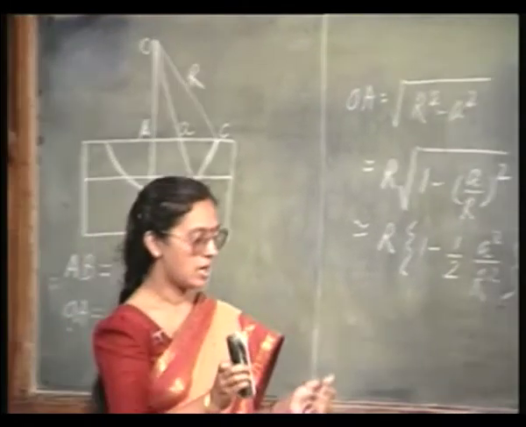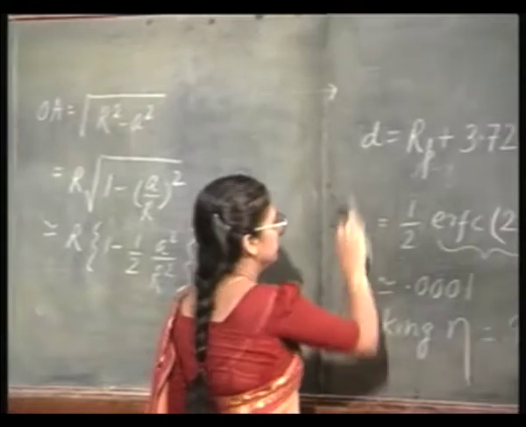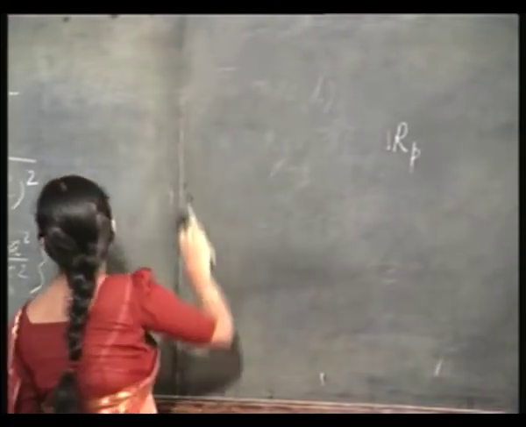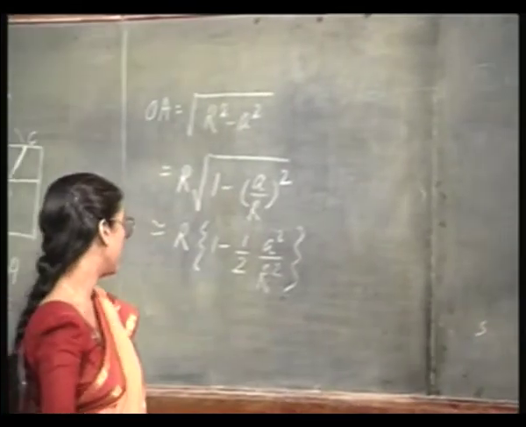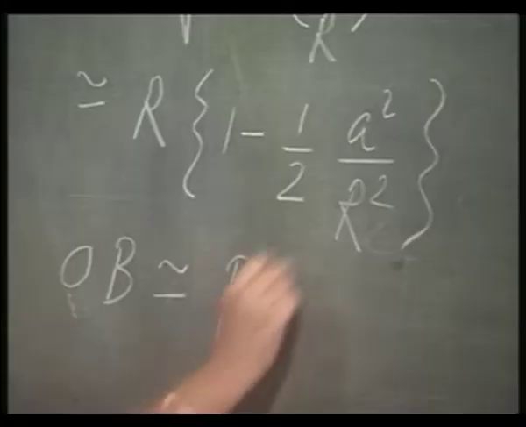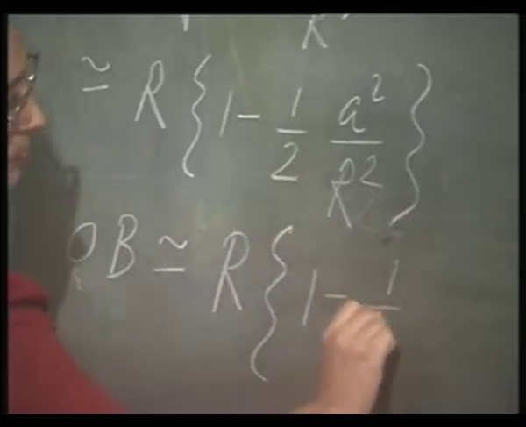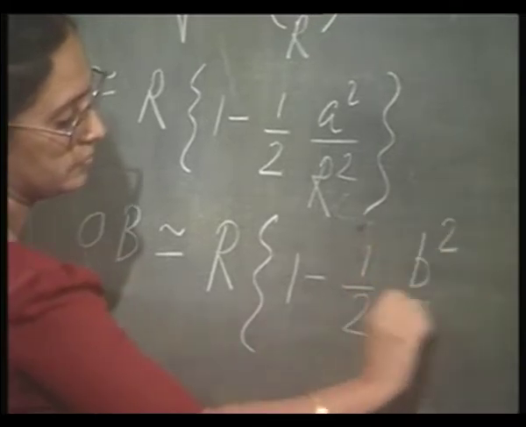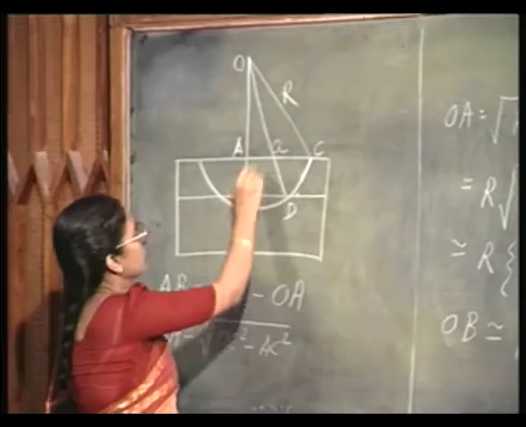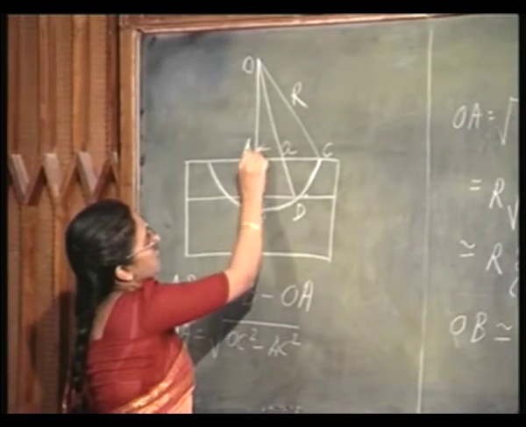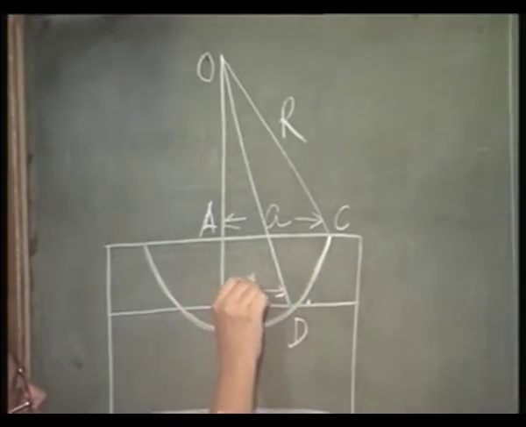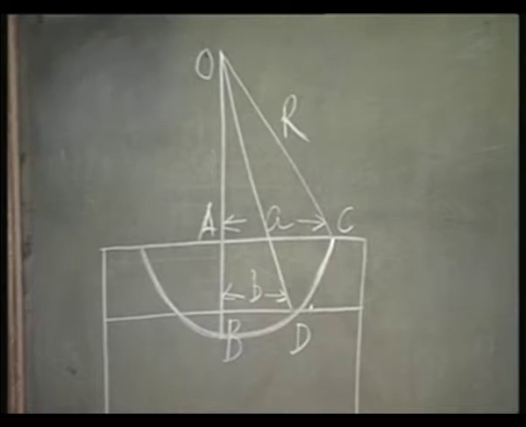Then I could say OA is given by this, OB is given by this, if I call this BD to be small b.